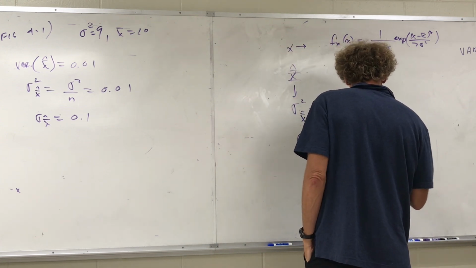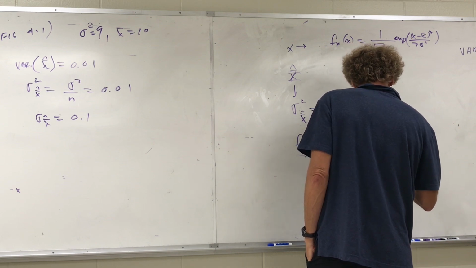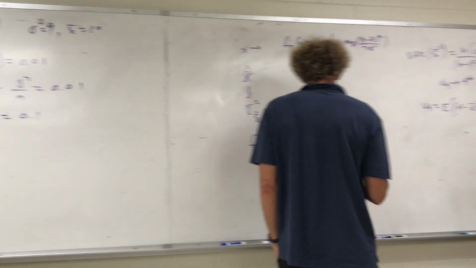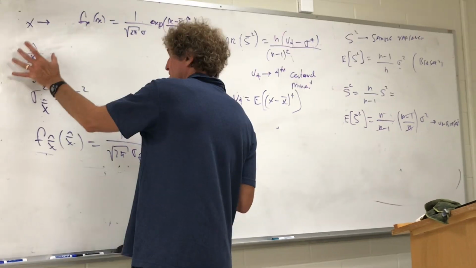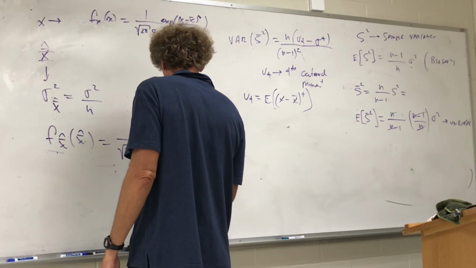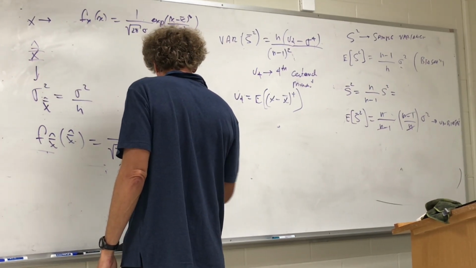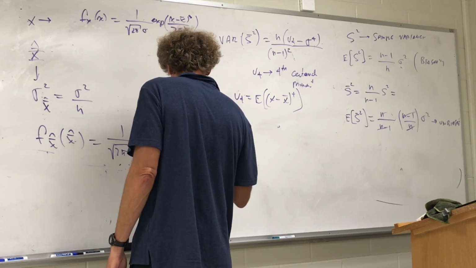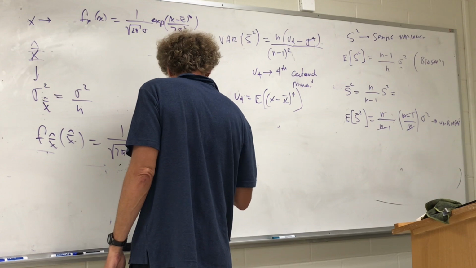It's going to be 1 over the square root of 2 pi sigma of x bar hat, again a random variable, the standard deviation of the mean of the samples, times exp of minus x bar hat squared over 2 sigma x bar hat squared.